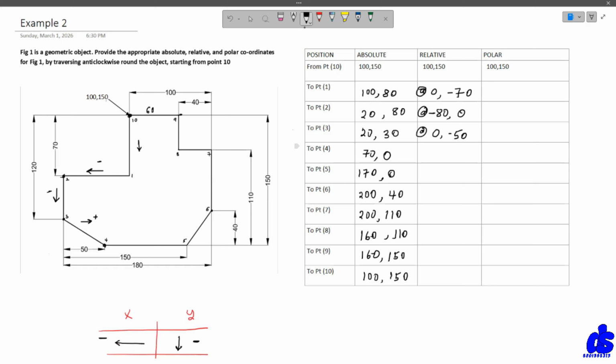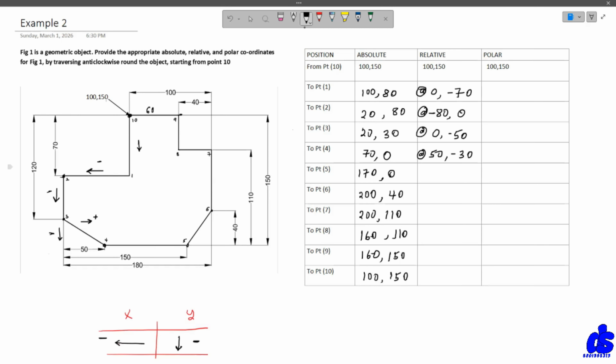So that's going to be positive. So that'll be 50. Now y is moving down a distance of 150 minus 120, which is 30. But since it's coming down, it's negative. So it's going to be minus 30.